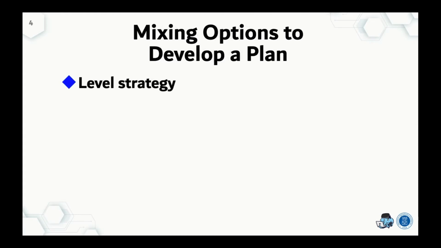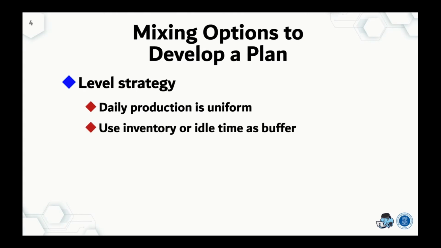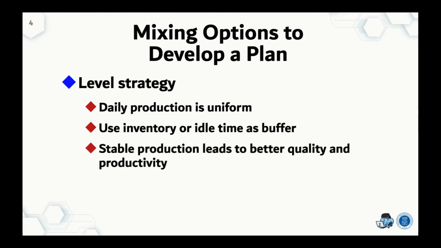On the other hand, level strategy focuses on uniform production from period to period. Of course, we can mix both strategies to get a better plan that has a minimum cost. In the level strategy, we can still use inventory or idle time as a buffer.